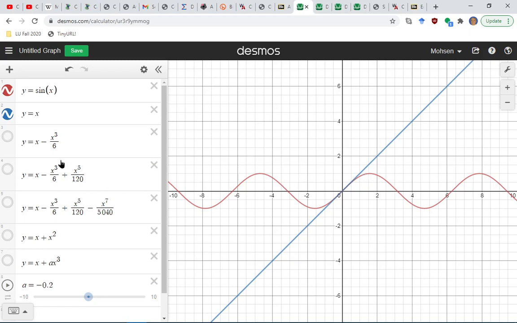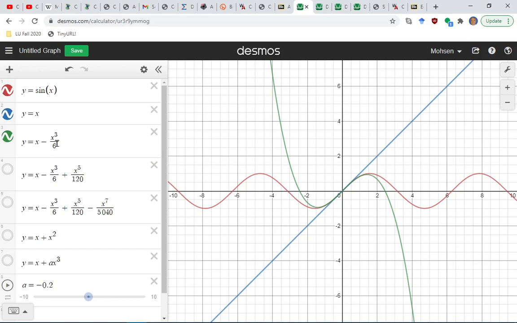Well, what if we want a better approximation? So we have to spend some effort. The next one was to include a cubic term, and that's what brought us this green curve. This green curve stays closer to the red one for a longer time than the blue one did. Of course, it comes at an additional cost.